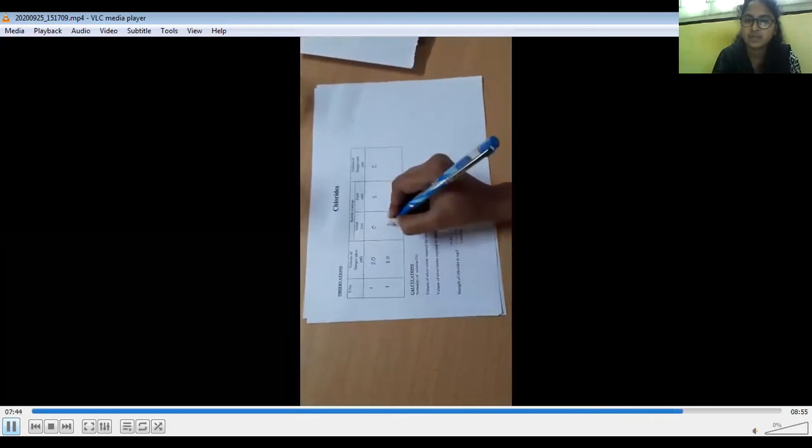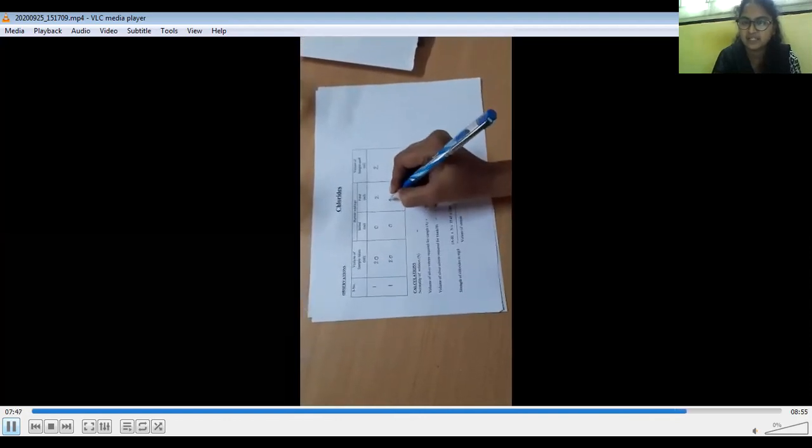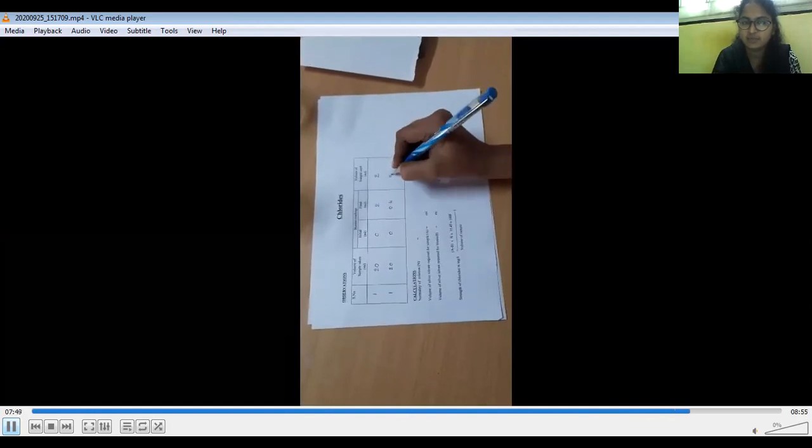We take 20 ml of sample, initial reading 0 and final reading 0.4.